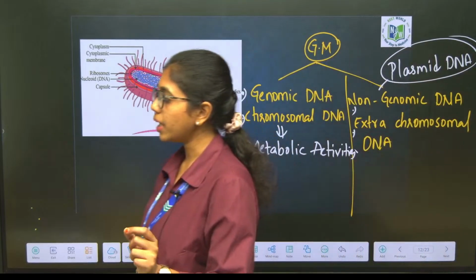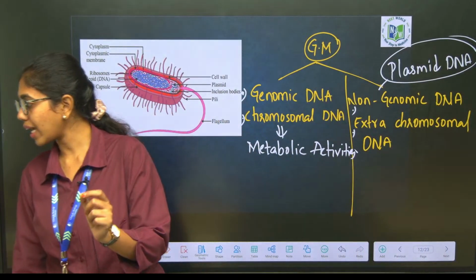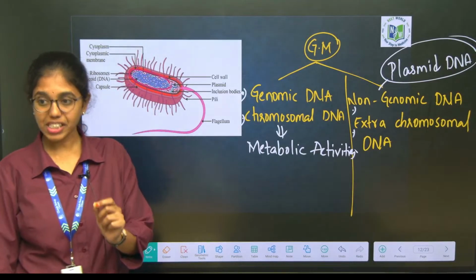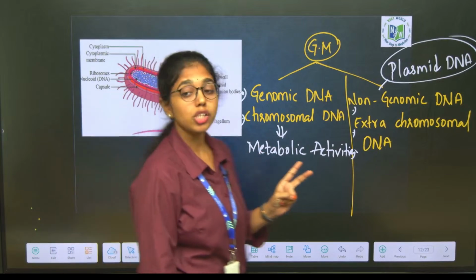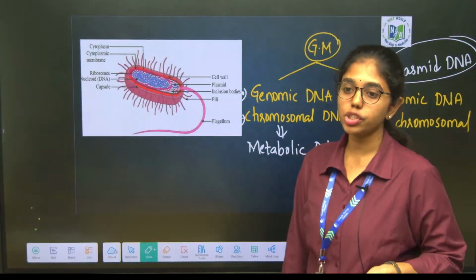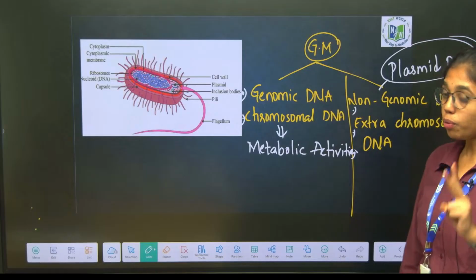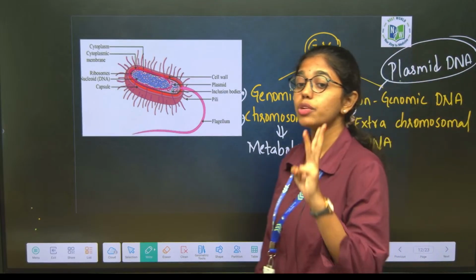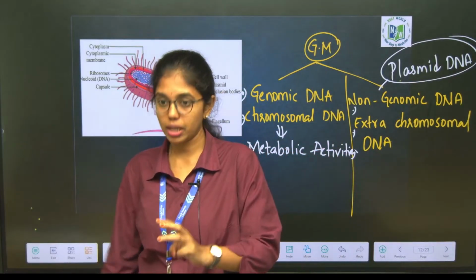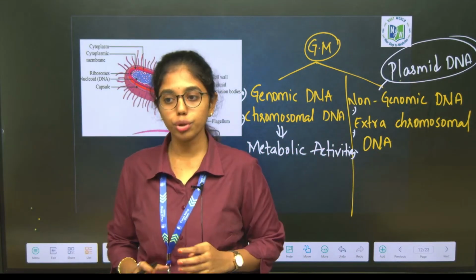Plasmid DNA gives specific phenotypic character to the bacteria, and the second function is to provide antibiotic resistance in the bacteria. And the third most important function is that it helps in sexual recombination by forming a conjugation tube.